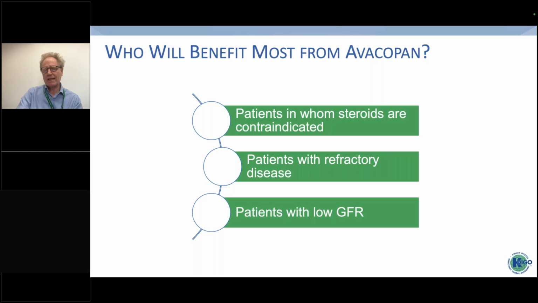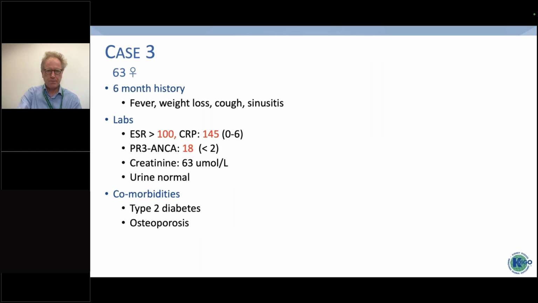As we gain more experience with this drug, it's now becoming more desirable to think about the advantages of avacopan in more generally reducing steroid toxicity. And particularly, we appreciate the long-term implications of avoiding or minimizing steroids in this patient group.